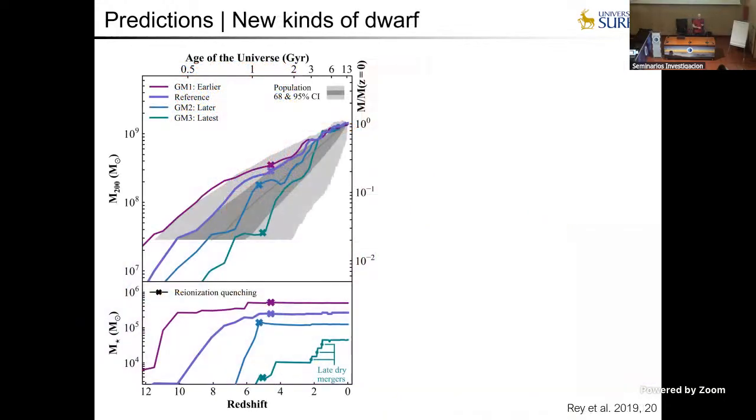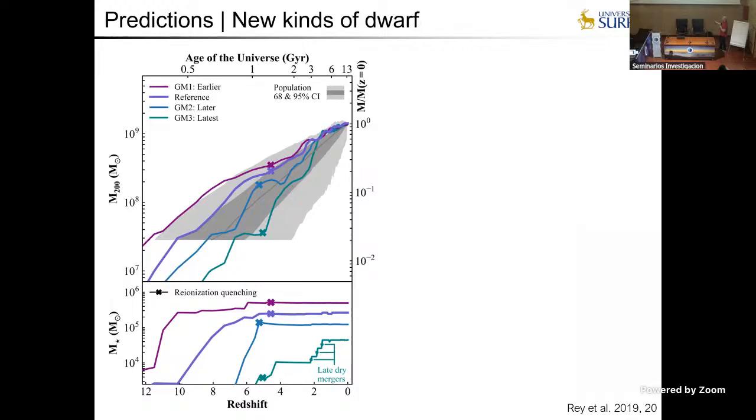So what does that look like quantitatively? Well, here's one dwarf that we've played that engineering game on. So this is showing its mass assembly history, so the halo mass versus redshift. This is today. This is the early universe. And all the dwarfs arrive at the same final mass because they've been engineered to do so, but they assemble at different rates.